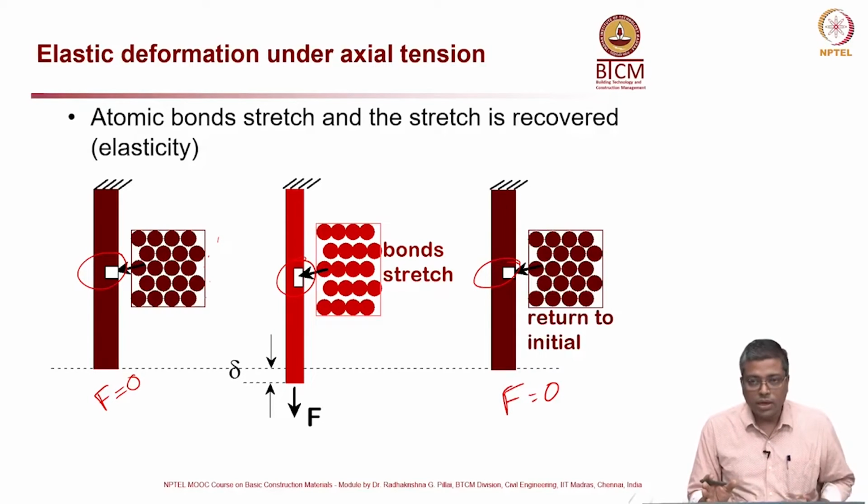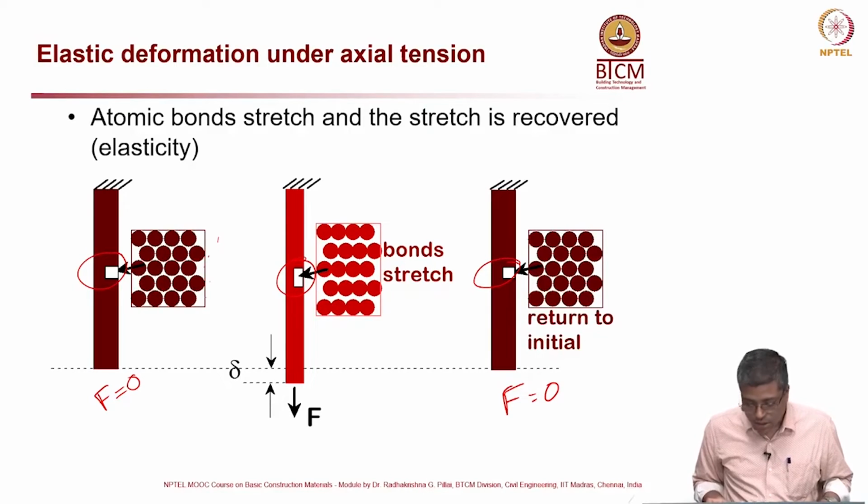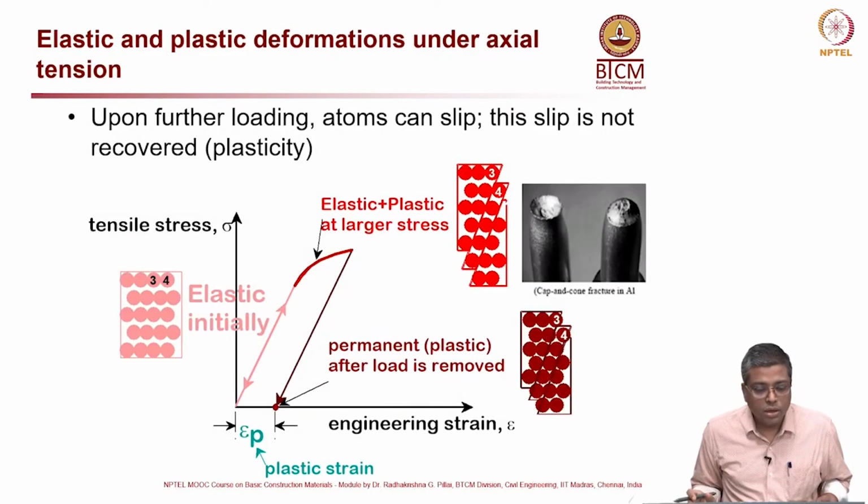That means there is no residual strain after the load is removed, the system has regained its original shape. This is what happens when we talk about elastic behavior, or elastic deformation. It deforms under the load, and when the load is removed, it goes back to its original shape.